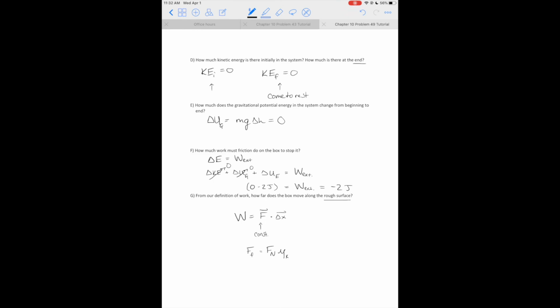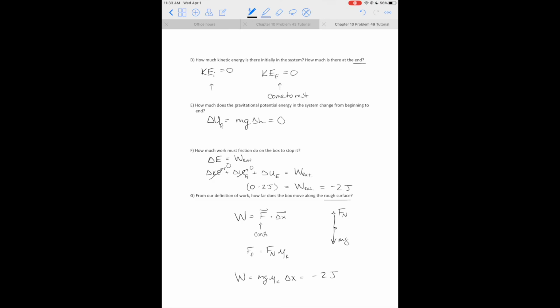I am horizontal this entire way through, and so my mg equals my Fn. I can say that my work then is equal to mg mu k times this delta x, and we said in part F that the total work done by friction had to be equal to negative 2 joules. Where did that negative come from?